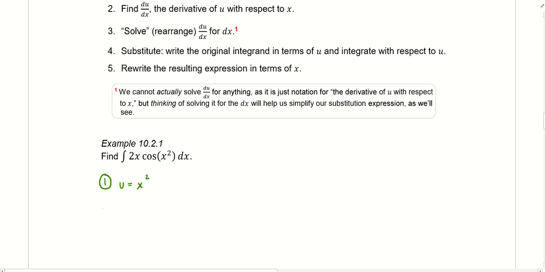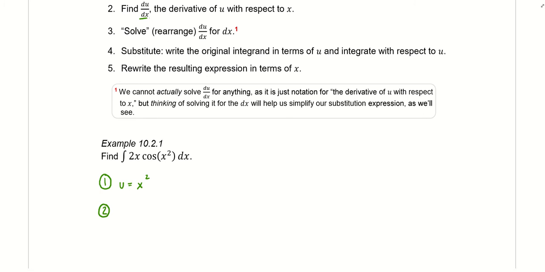Now the next thing I want to do, step 2, still involves u. I want to find the derivative of u with respect to x. I'm going to be explicitly using Leibniz notation here, because as we'll see, that makes things a little bit easier to understand as we continue working.